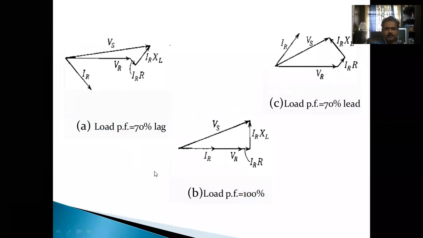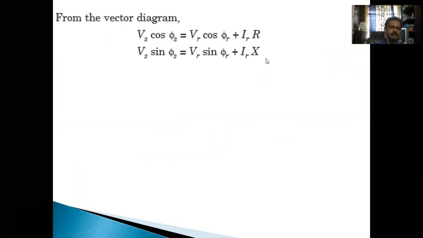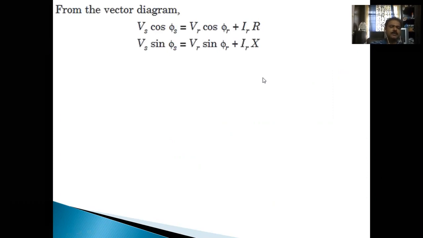In the previous diagram we took current as the reference. Now we'll try to evaluate the regulation of a given short transmission line. From the vector diagram, Vs cos phi s is equal to Vr cos phi r plus IR into R. Are you able to follow?